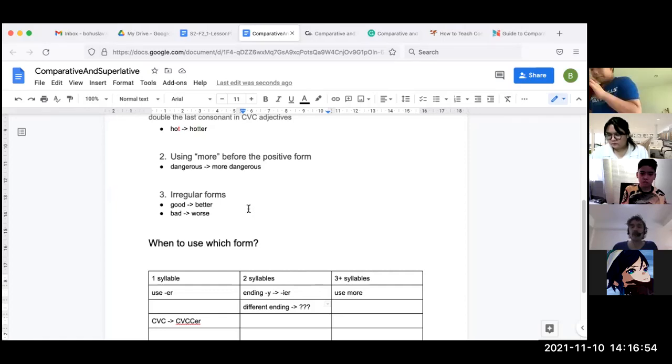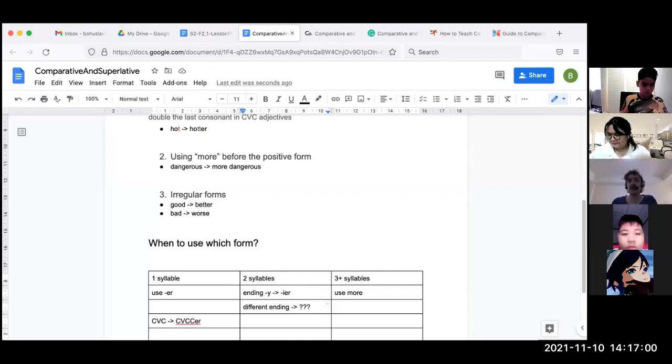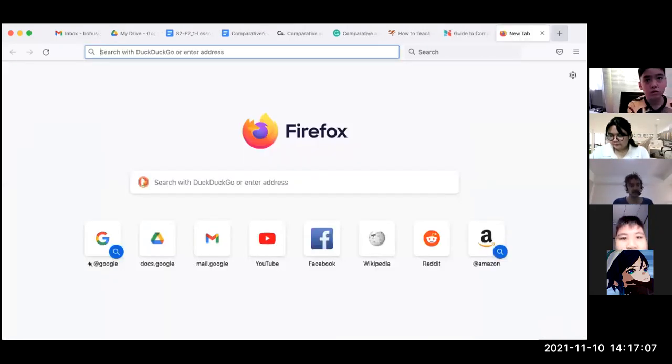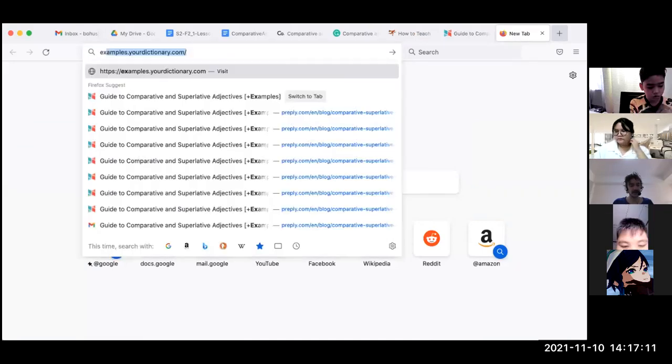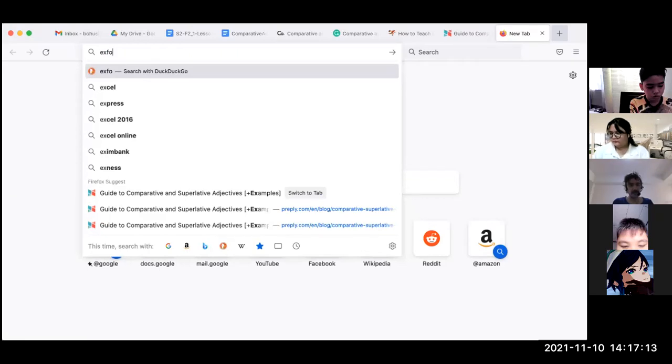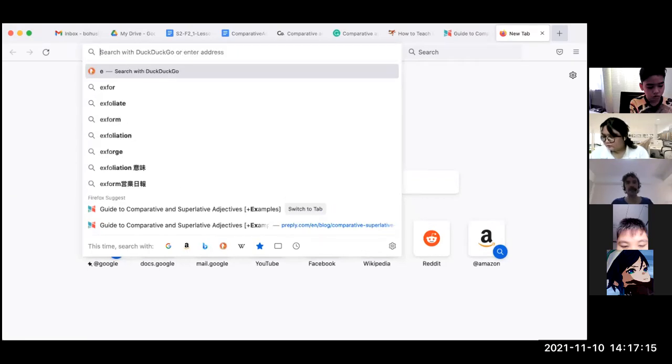What you can do is to check it in the dictionary, like Oxford Learner's Dictionary.